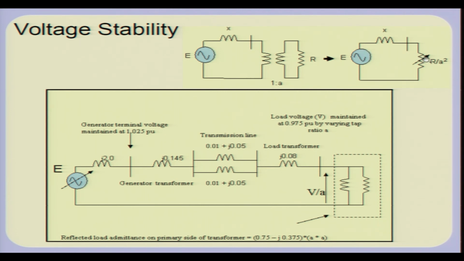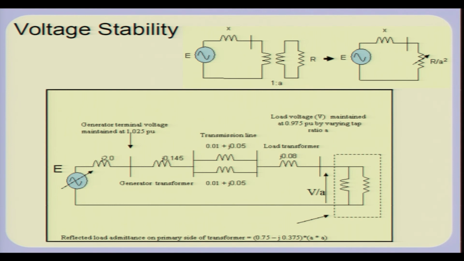If your tap is changed and the turns on the side of the load increase, the resistance which is reflected on the source side is R by A square. Now, let us look at a control system in which, if the voltage at the load falls, you increase A. Suppose there is a tap changing control system which increases A the moment you find that the voltage here has dropped below the set point.